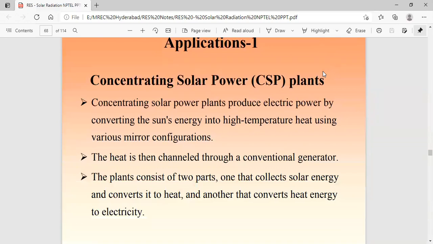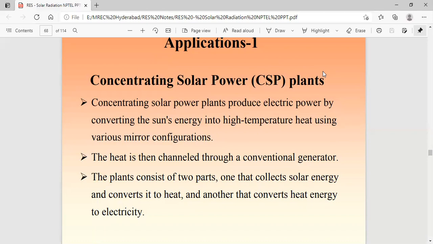The concentrating solar power plants produce electric power by converting the sun's energy into high temperature heat using various mirror configurations. The heat is then channeled through a conventional generator.